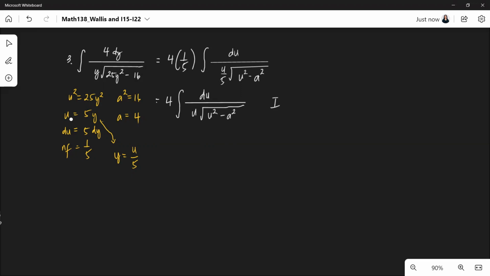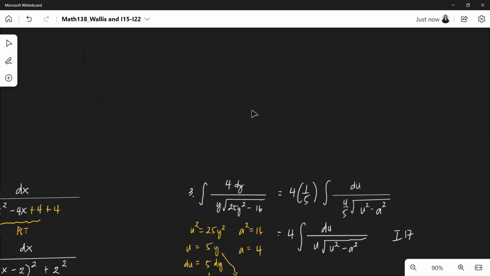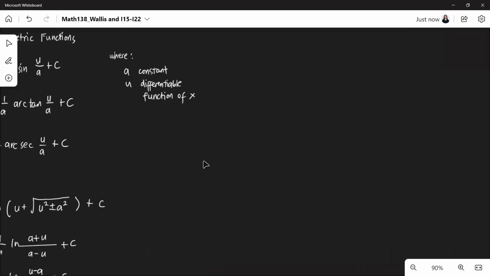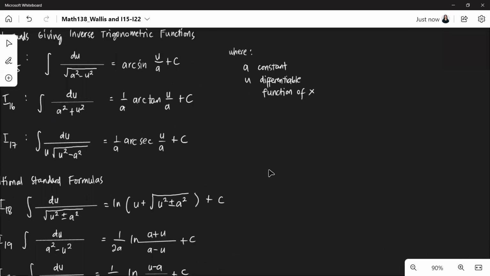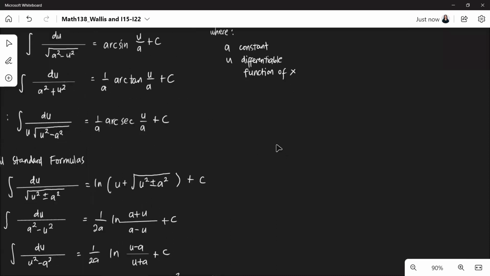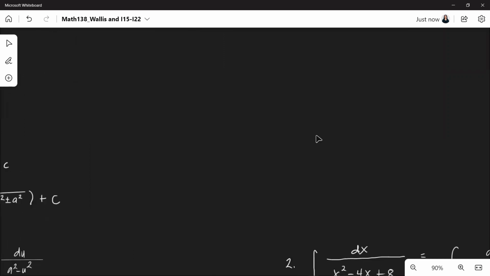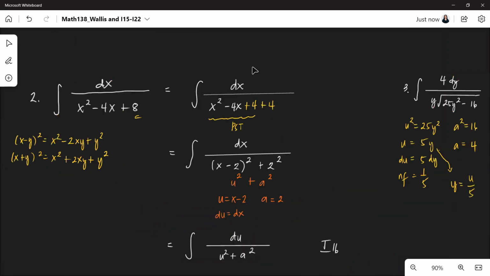So according to I-17, the integral is an arc secant. It's 1 over a times arc secant of u over a, plus c. So look at the pattern: there's no 1 over a if it's arc sine. So 1 over a arc secant of u over a plus c.